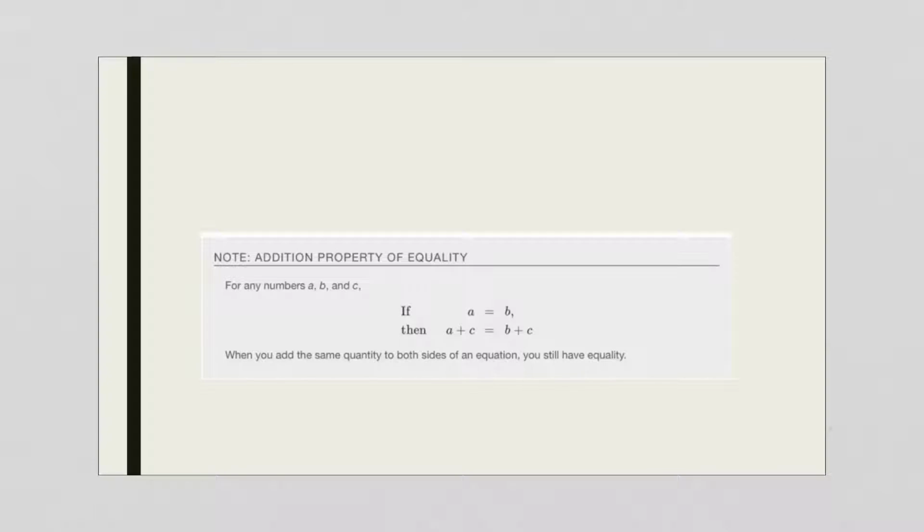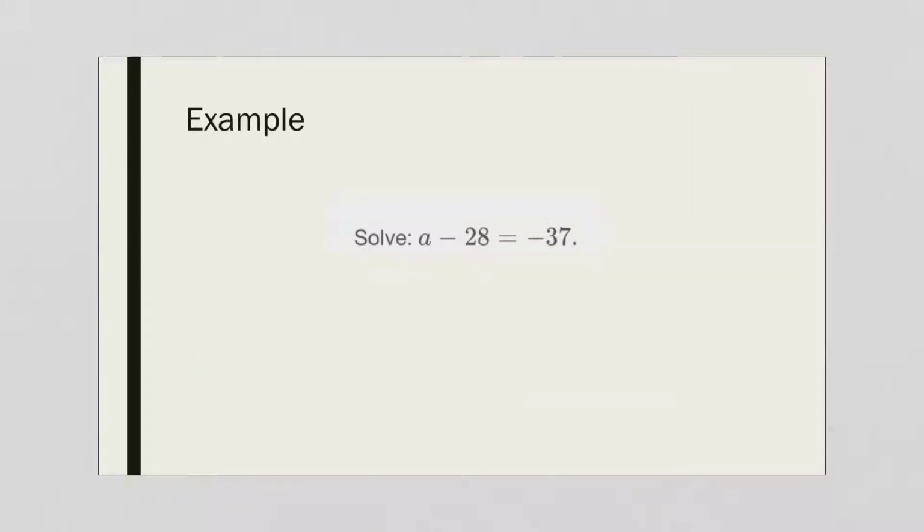All right, so this page is a lot like that last one. It says if A equals B, then if you add the same number to both sides, you still get something that is equal. And here's what I mean by that. So now ask yourself, A minus 28 is equal to negative 37. What's happening with your variable? It is being subtracted by 28.